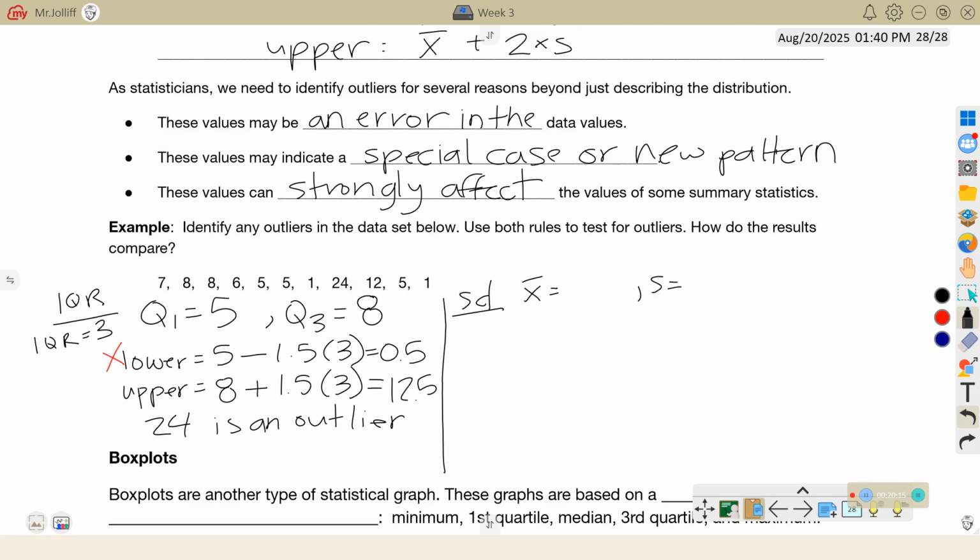So 1-var stats, we should have that on our calculator. I'm going to rerun it. It is the Sx. Very good. And it looks like you got what I got, Jennifer. 6.3 for the standard deviation. 6.3144 something something.